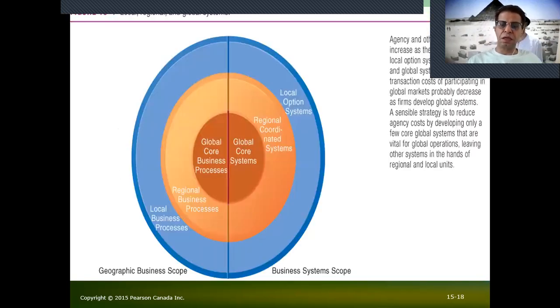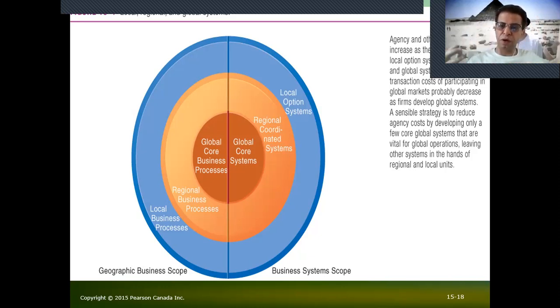So basically, you divide things into three divisions. The global core business processes come with the global core system, and then you have the regional business processes with the regional coordinated system built in.